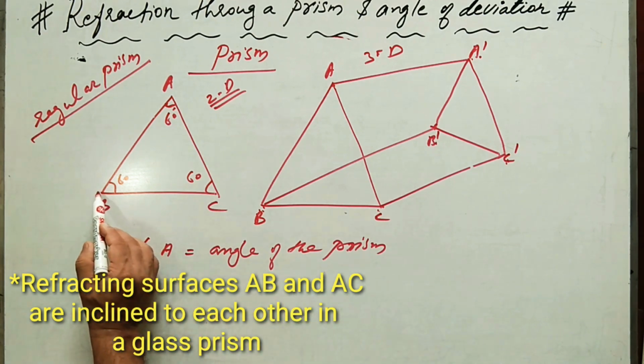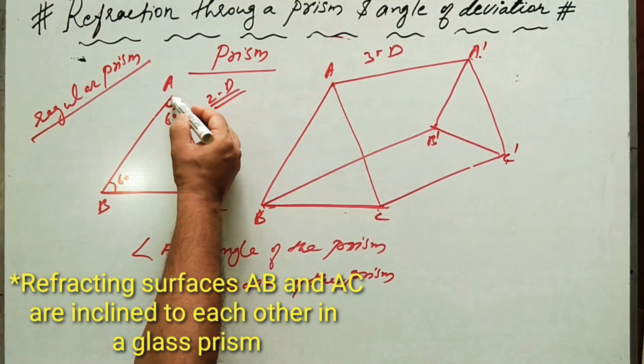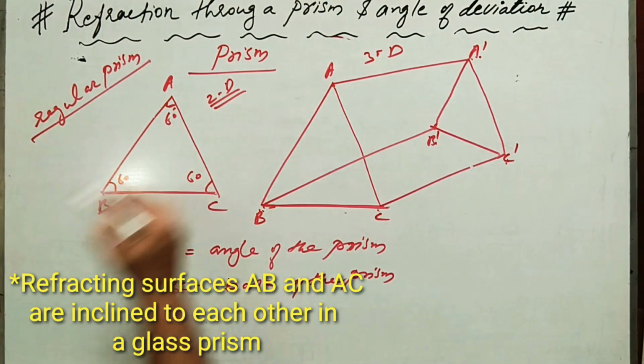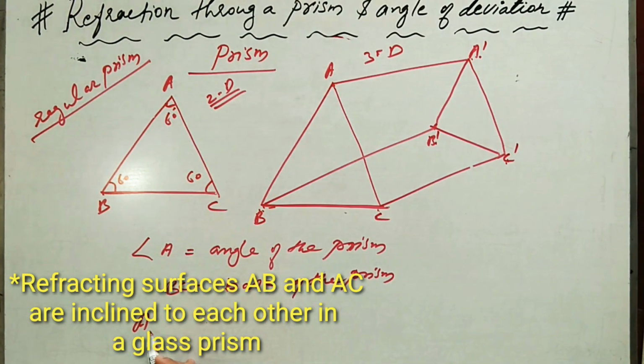And the surface on which prism is resting, you can see BC. This surface is known as base of the prism. Okay, base of the prism. Alright, okay, BC is the base of the prism, and the surface on which an incident ray falls, AB, and the emergent ray goes out, AC, are known as refracting surface.